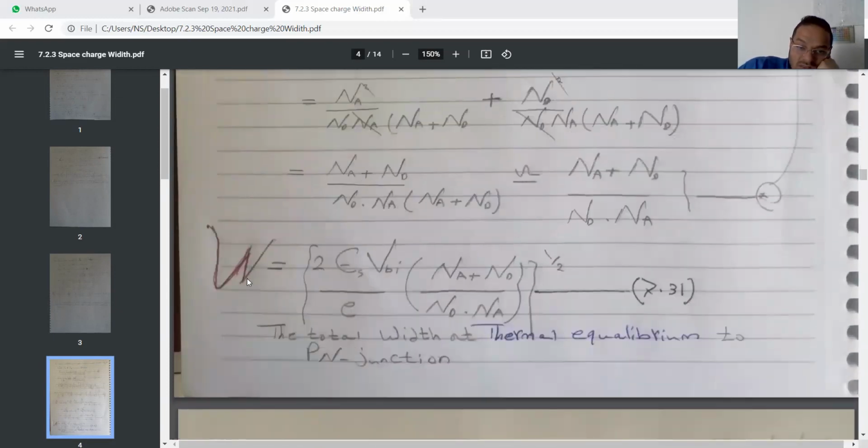By this way, the total width at thermal equilibrium at the PN junction equals the permittivity times the built-in barrier potential divided by the electron charge, between two brackets, acceptor concentration plus donor concentration divided by donor concentration times acceptor concentration. And this equation will be 7.31, like our source.